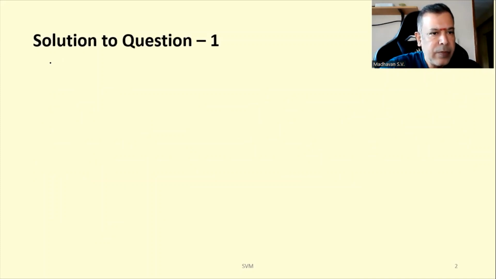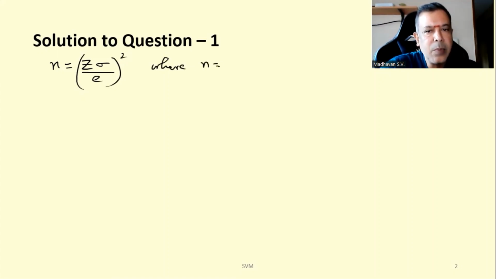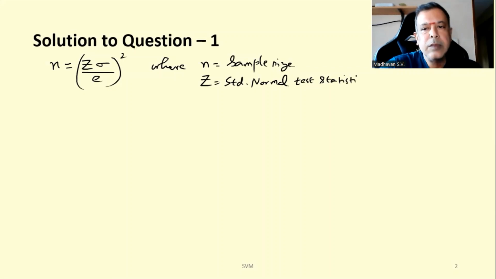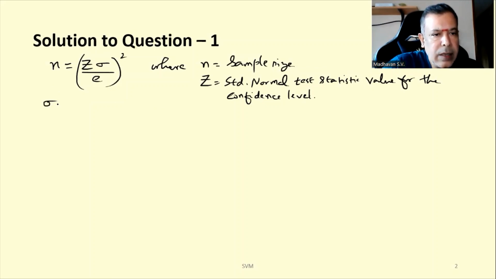So the formula for that will be n is equal to (Z sigma divided by E) the whole square, where n is the sample size, Z is the standard normal test statistic value for the given confidence level, sigma is the population standard deviation, and E is the tolerance error, how much error is acceptable.